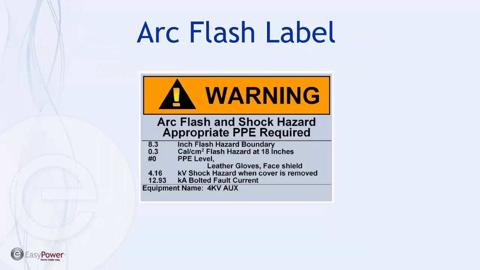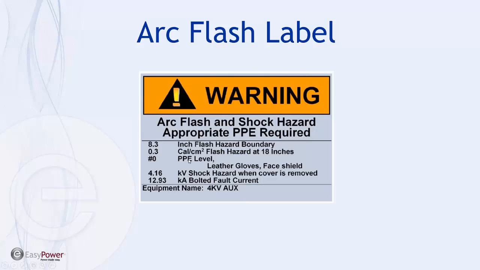Here's an arc flash label. Every time an arc flash study is completed from the major software companies, it determines the arc flash boundaries and the protective clothing that's required.